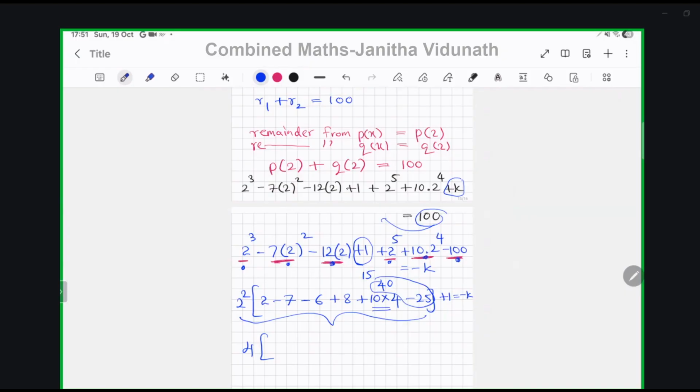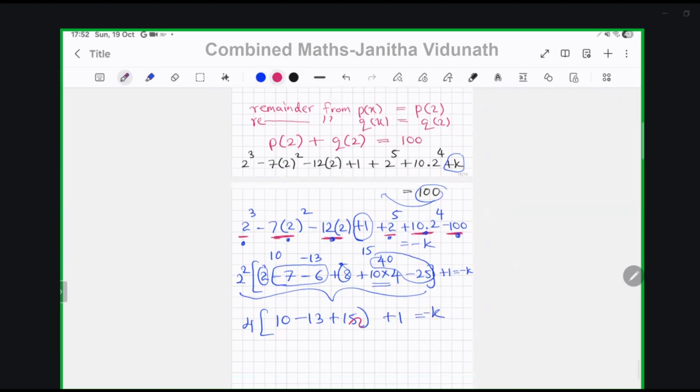Then from 2 plus 8 means 10. Then here from these two, we can get 10. Minus 7 minus 6 means minus 13. Then the final terms are 10 minus 13 plus 15 plus 1 equal to minus k.